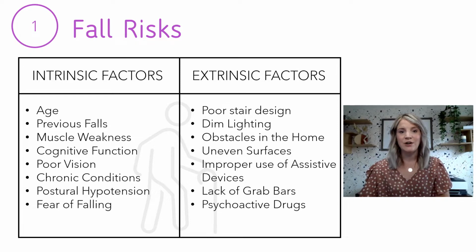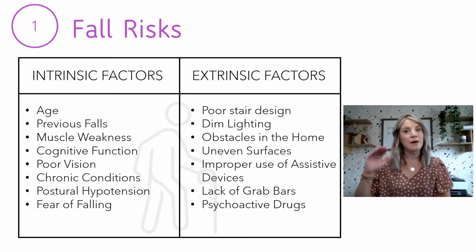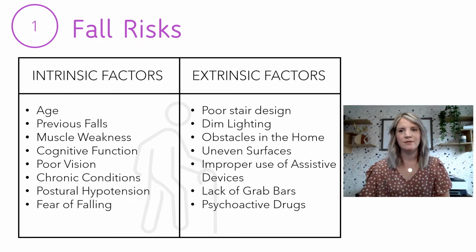Intrinsic factors are those that are coming from your own body naturally. Those include your age, previous falls, muscle weakness, cognitive function, poor vision, chronic conditions like diabetes, Parkinson's disease, postural hypotension, which is a drop in blood pressure when you stand up from a seated surface, and fear of falling.